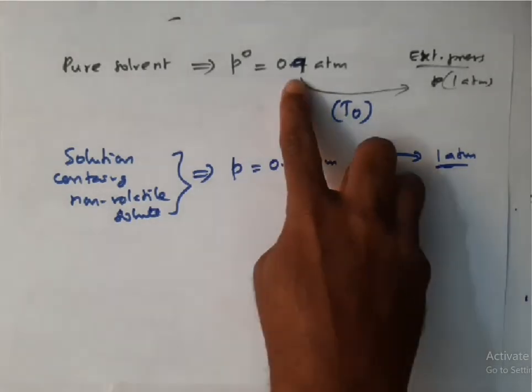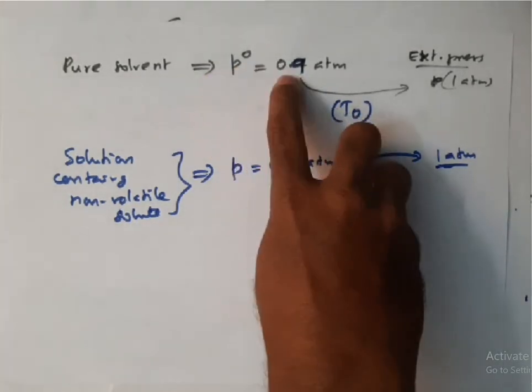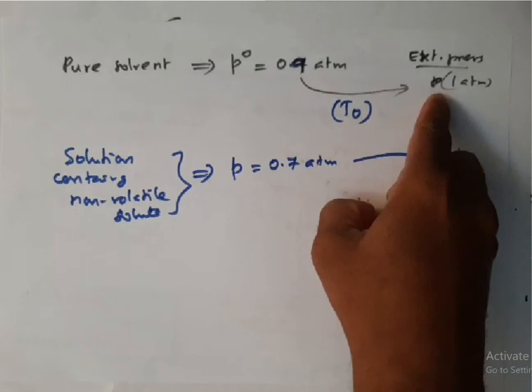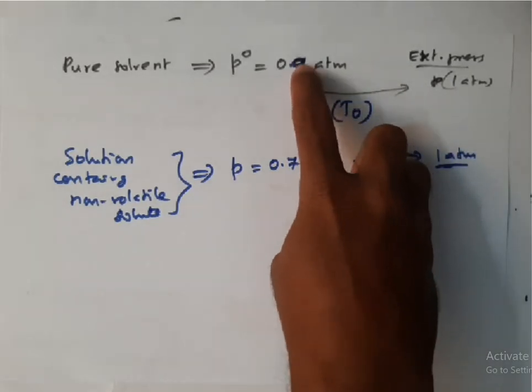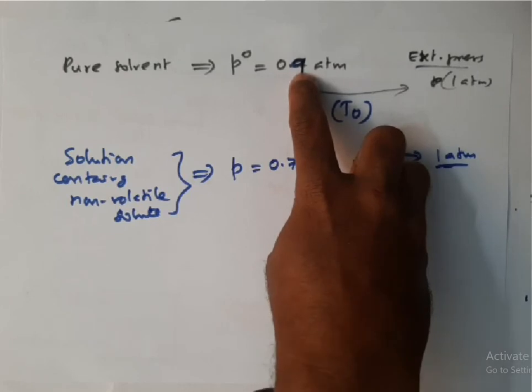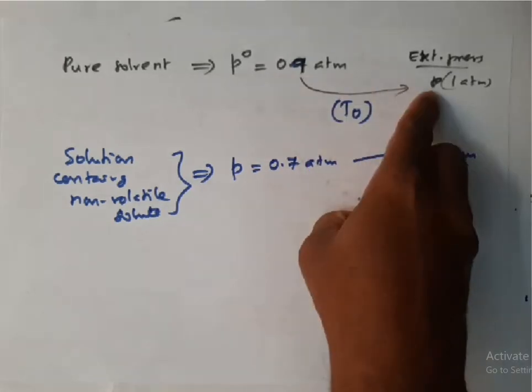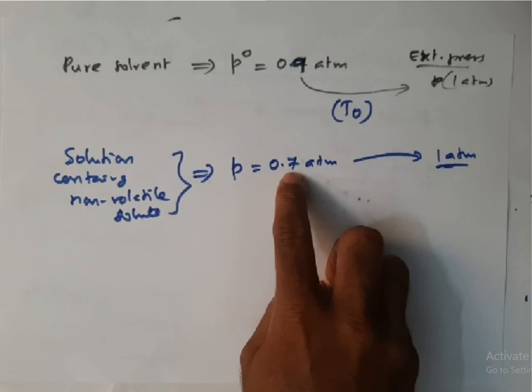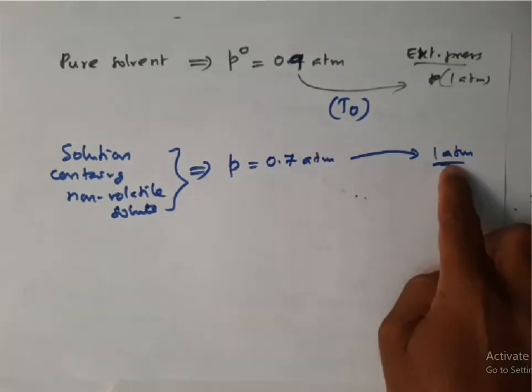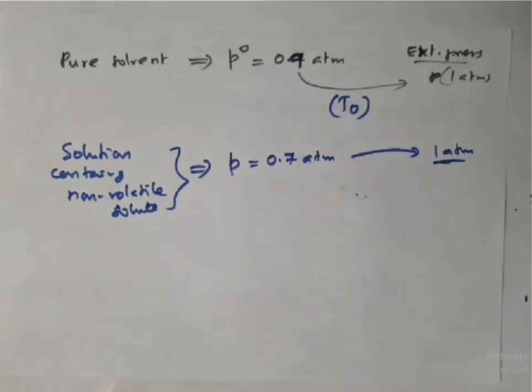This is already 0.9 in the case of pure solvent, so to get 1 atmosphere, you just provide less heat. That means the boiling point of pure solvent is low. Whereas the vapor pressure of solution is 0.7, so to get 1 atmosphere, you should provide more heat, correct? Yes, sir.